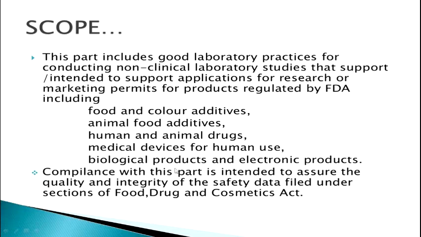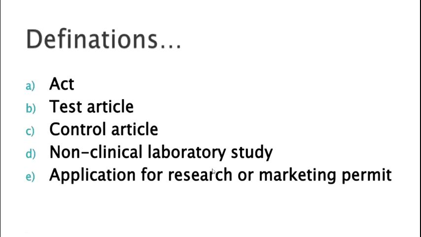And whatever medical devices you're using for human use, all this will directly come under non-clinical laboratory testing. And some of the biological products and electronic products associated with the lab and with the testing will also fall under the non-clinical laboratory studies. We look into how they are being carried out as non-clinical processes.